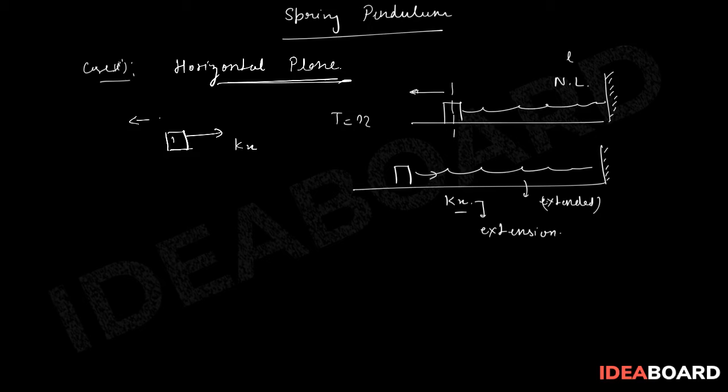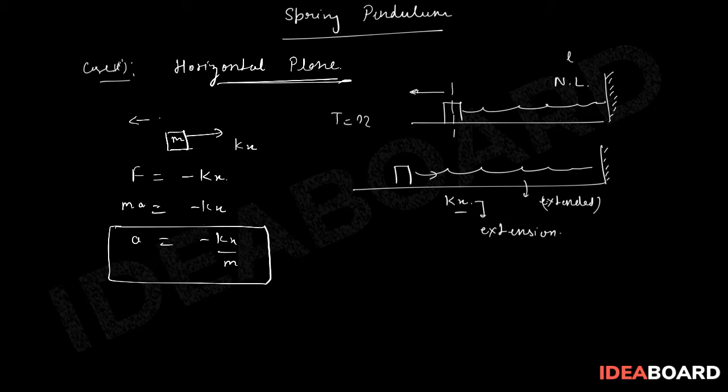So of course I can say if particle mass is m, then I can say that F will be equal to minus kx, right? If that is true, then I know that I can write m into a is equal to minus kx, such that a will be equal to minus kx by m.